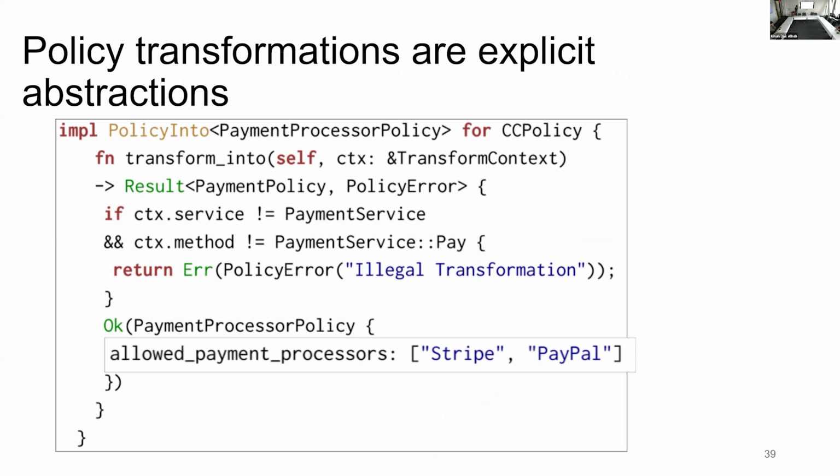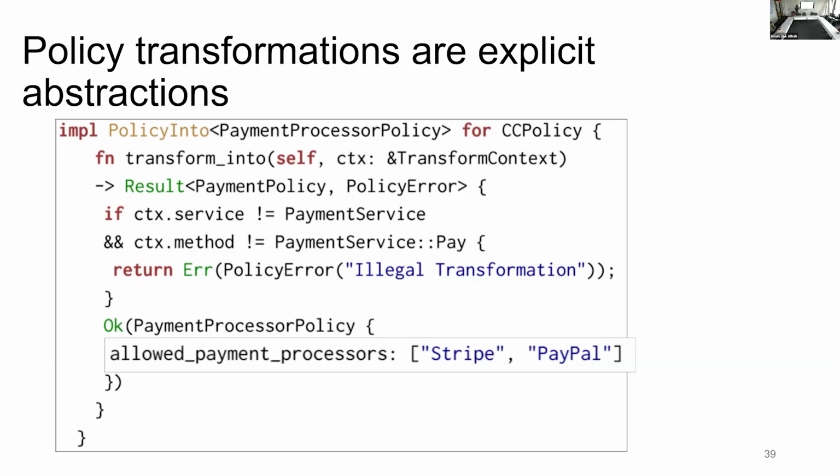Now this code should not be invokable in application code, naturally. I hope you understand the reason. Otherwise, some developer can just downgrade the security properties at any time. We need to make sure that transformations are safely invoked. So how does that happen?